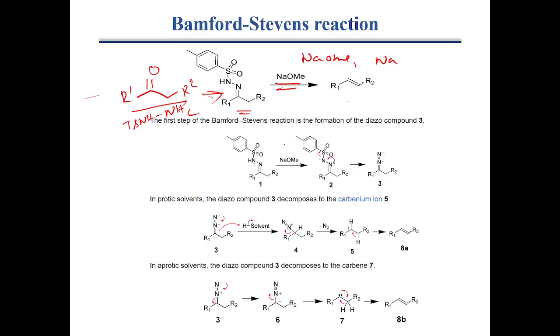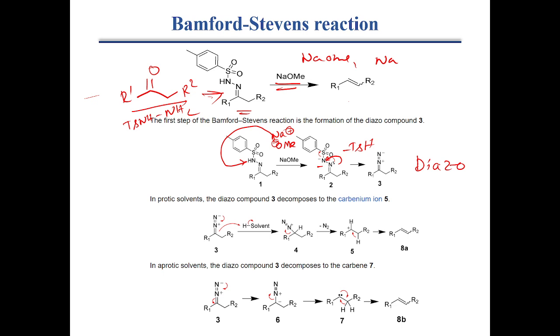Now what happened in presence of base such as sodium methoxide, Na plus OMe minus? This base abstracts the proton from the nitrogen center of this compound. And as this nitrogen has a lone pair, it will push, and tosyl minus is removed as a leaving group, from this diazo compound.